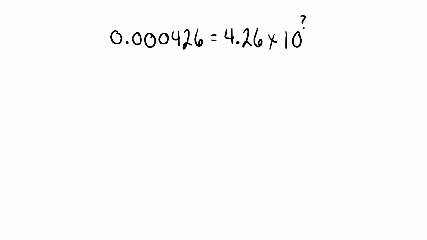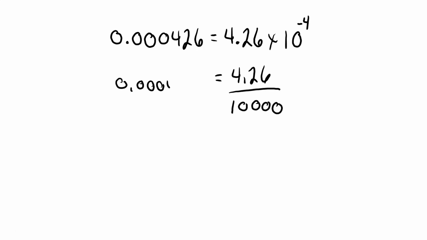Well, we're moving the decimal 1, 2, 3, 4 places. And since the decimal is moving to the left, that means we're going to do a -4 as the exponent. Another way of looking at that is 4.26 divided by 10,000. That's going to give you that same answer of 0.000426.